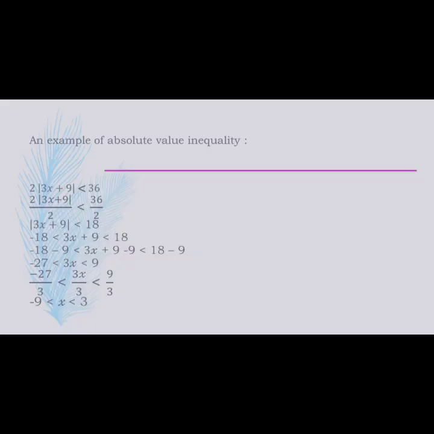Next, the last, we discuss absolute value inequality. The definition of absolute value inequality is the distance between x and 0 that is less than or greater than. Next, an example of absolute value inequality: 2 times the absolute value of 3x plus 9 less than 36.